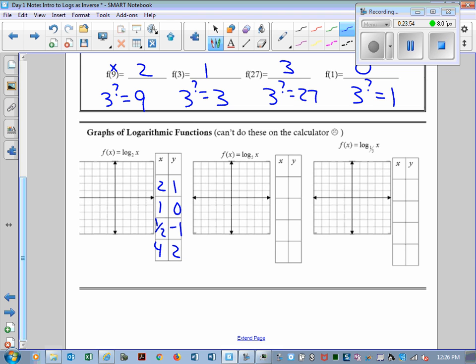So, we're going to go ahead and graph those. 2, 1, 0, 1/2, negative 1, 4, 2. Our graph looks like this. And we have an asymptote on the y-axis. Go ahead and do the inverse of the other two.